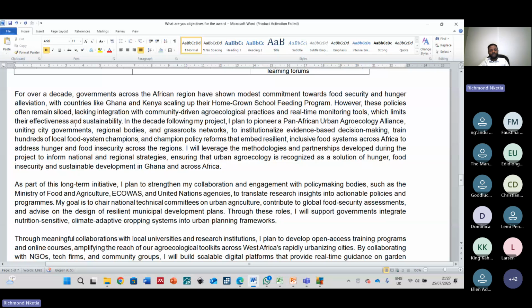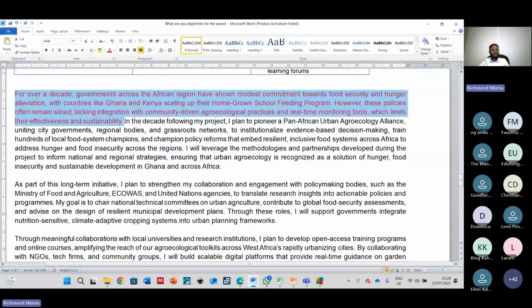So in the decade following my project, so there is an introductory part, setting the reader's mind to why I want to do what I want to do in the long term. I could have just started from here and said, in the decade following my project, I plan to, but I want to set their mind to the reasons informing my decision to work in this discipline.